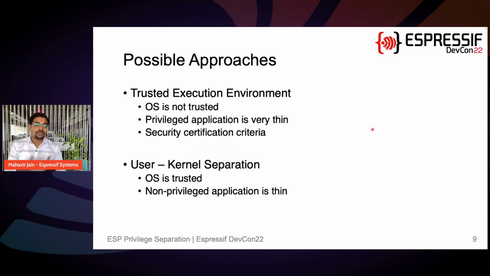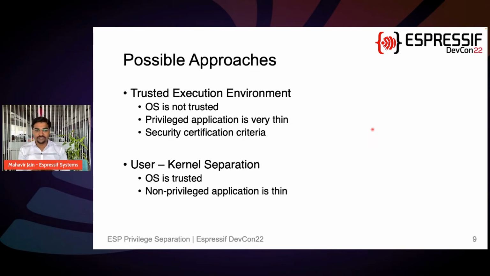So what are the possible approaches to achieve this separation? Primarily, there are two ways. The first is the trusted execution environment. In this approach, the OS or the kernel itself is not trusted. The secure application is extremely thin. For example, we can take a use case of firmware interacting with some crypto coprocessor over a peripheral interface.